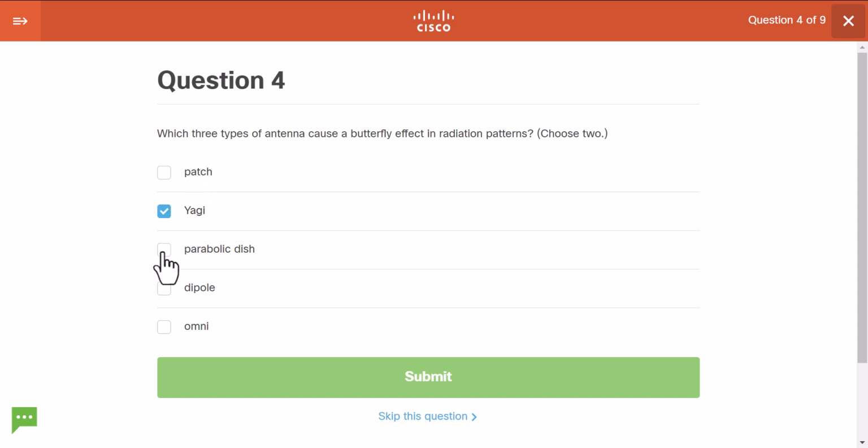And then we have these 2 options, which I hope are correct. Yagi antenna and parabolic dish. They both are directional, but because of the physics, they also radiate into some secondary directions, right, to the sides, and there might be multiple of them. So Yagi and parabolic dish, I hope, are correct answers here.